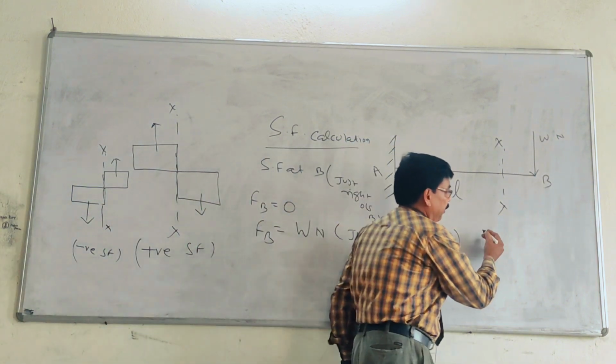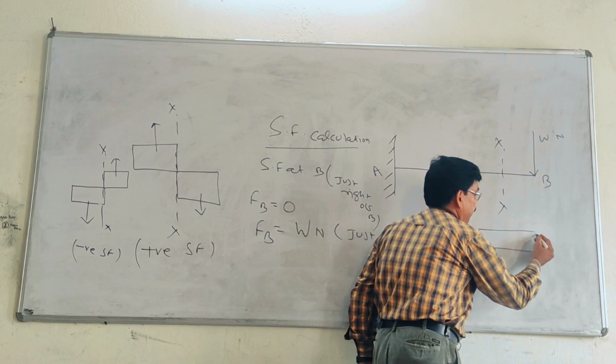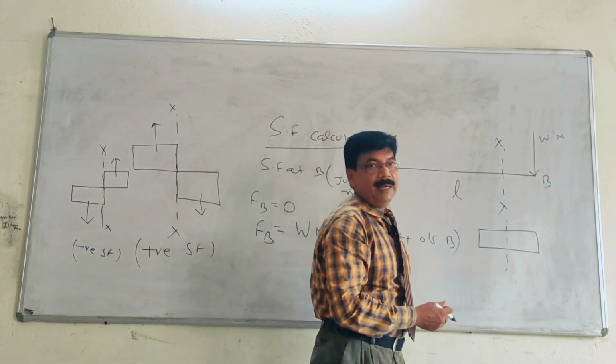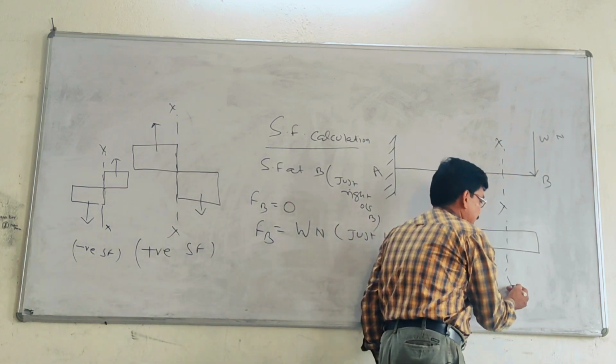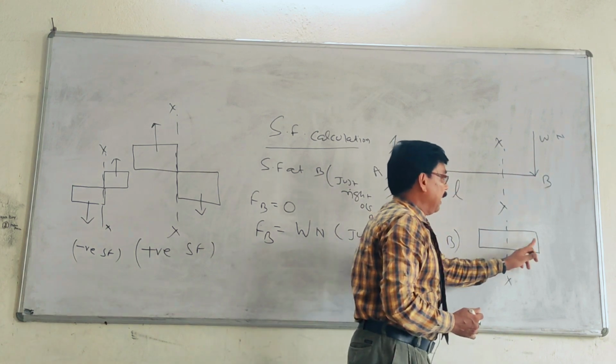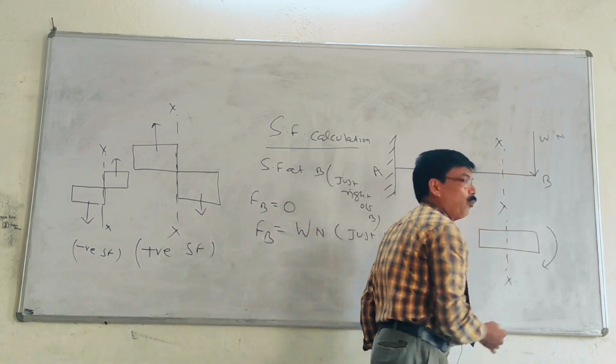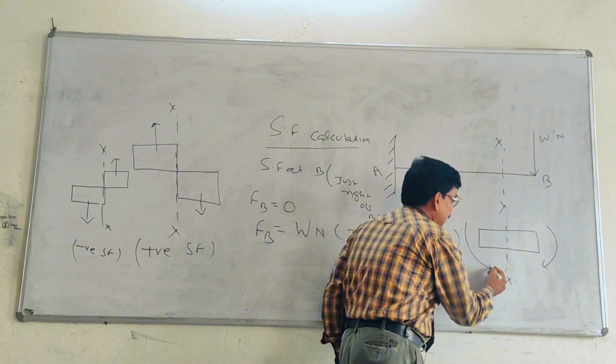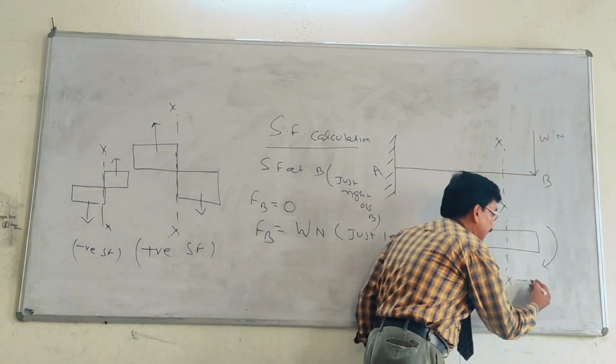Similarly for bending moment, this is a beam and this is a section. Right of the section clockwise and left of the section anti-clockwise, then we consider negative bending moment.